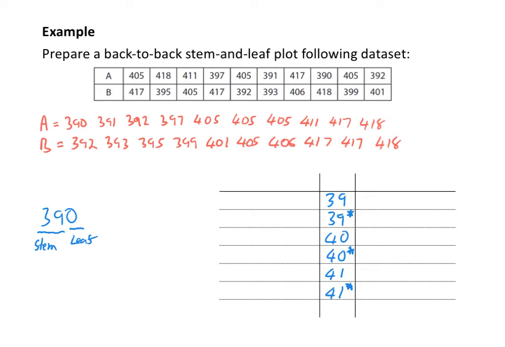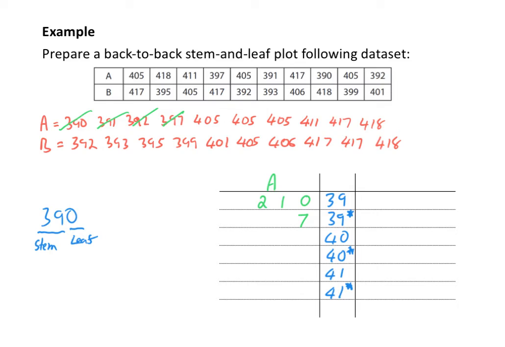So data set A, and for data set A, because it is on the left-hand side, when I go ahead and put my leaves on, putting them in ascending order as I go, they're going to go from right to left. So in my first group, I'm going to have 390, 391 and 392. Then in my second group, I'm going to have 397.